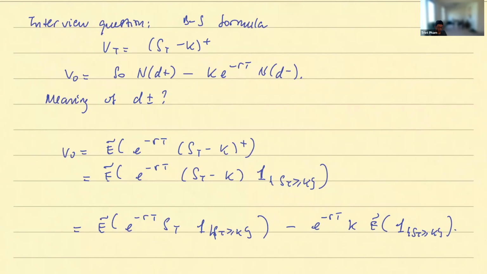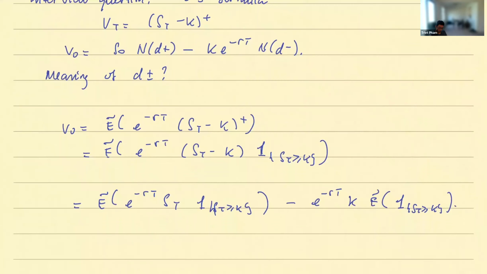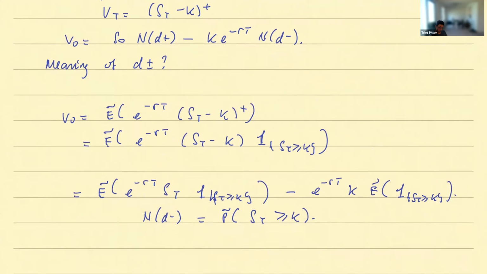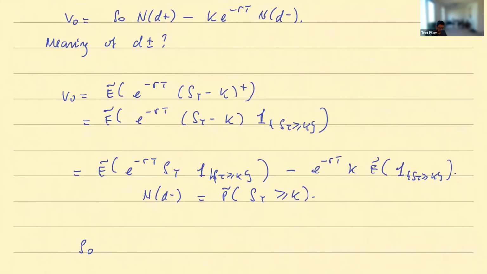So it's pretty easy to see that N(d minus) is this guy, which is the risk neutral probability that you end up in the money. How about N(d plus)? It's clear that this whole thing is N(d plus). So how do you arrange it?